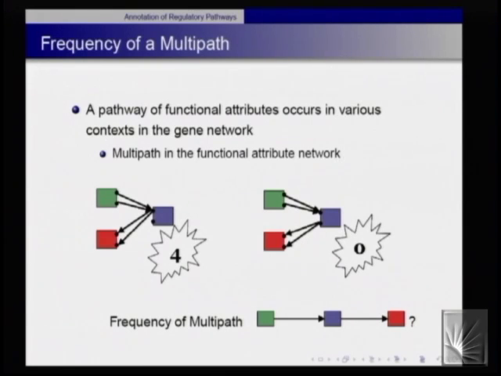For example, the frequency of the path here, green to blue, blue to red, is 4. But it is 0 here because it doesn't go through the same gene. Our goal is to identify paths that are overrepresented in the functional attribute network because they will give us information about the regulatory paths, the general principles of regulatory paths.